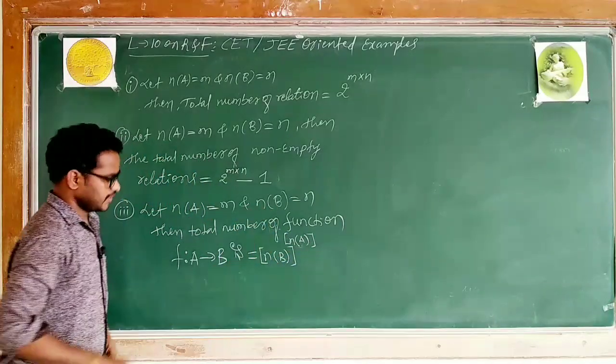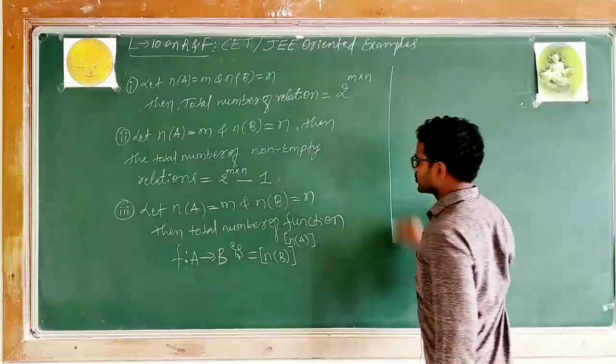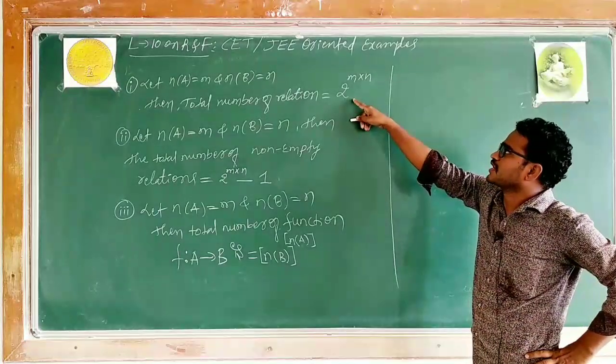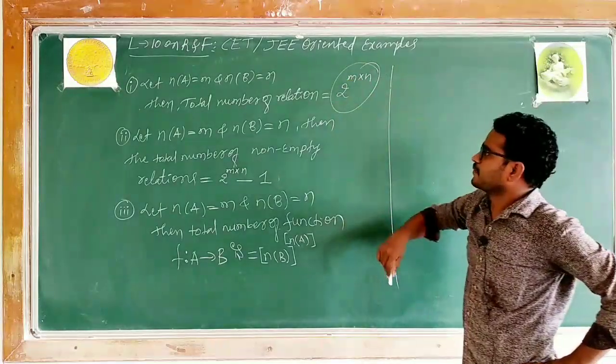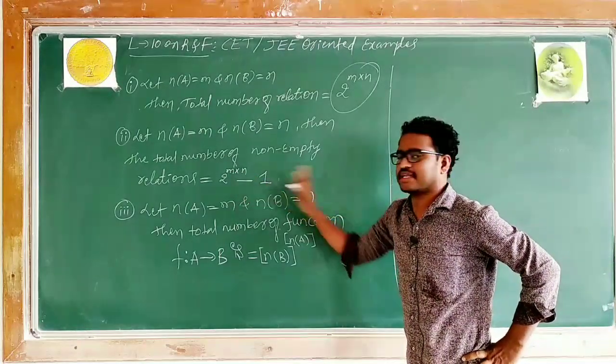I will use one example in this case. These are the 3 points. First case: number of possible relations is 2 to the power m into n. Here the number of non-empty relations is 2 to the power m into n minus 1.